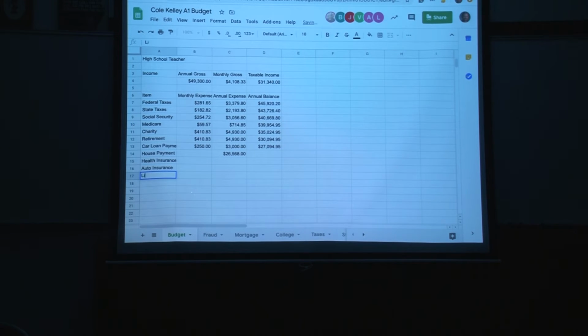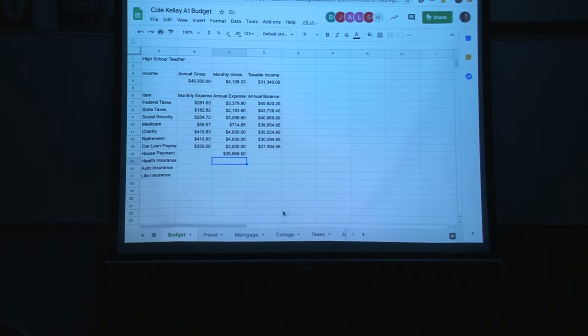I'm going to go life insurance. Okay, and well, let's say that the homeowner's insurance was included in that house payment. Okay, even though that was just a principal and interest payment, that's okay for now. Most of the time, that's going to be included.